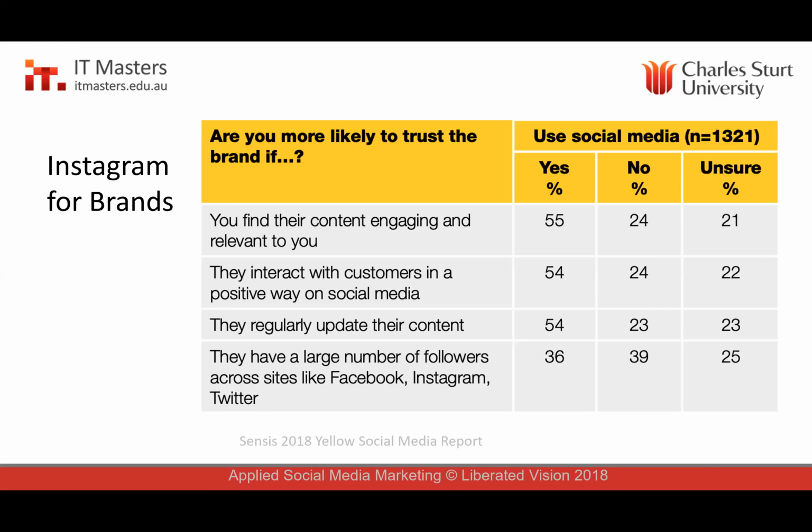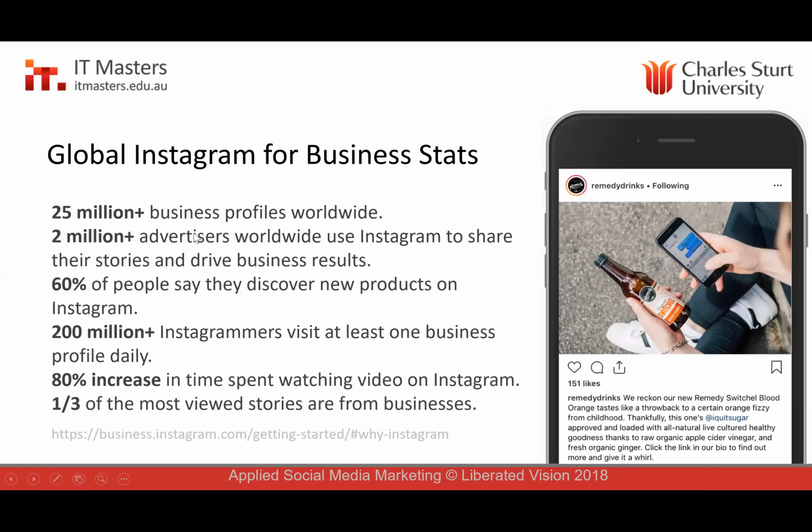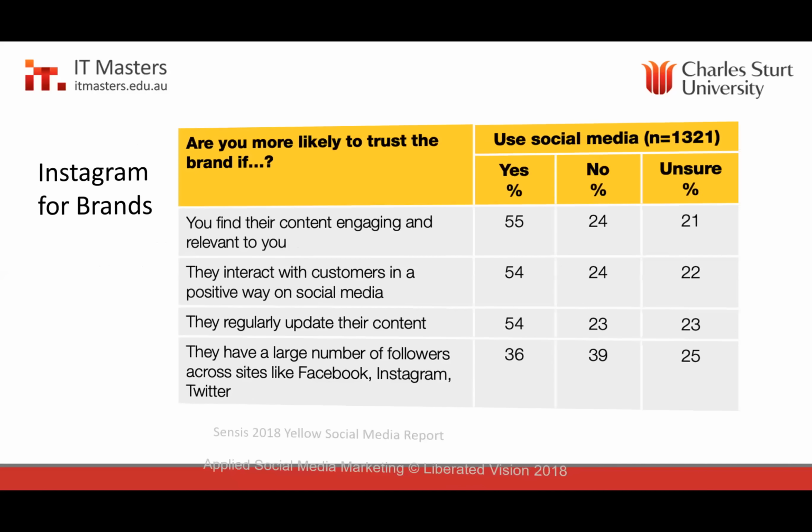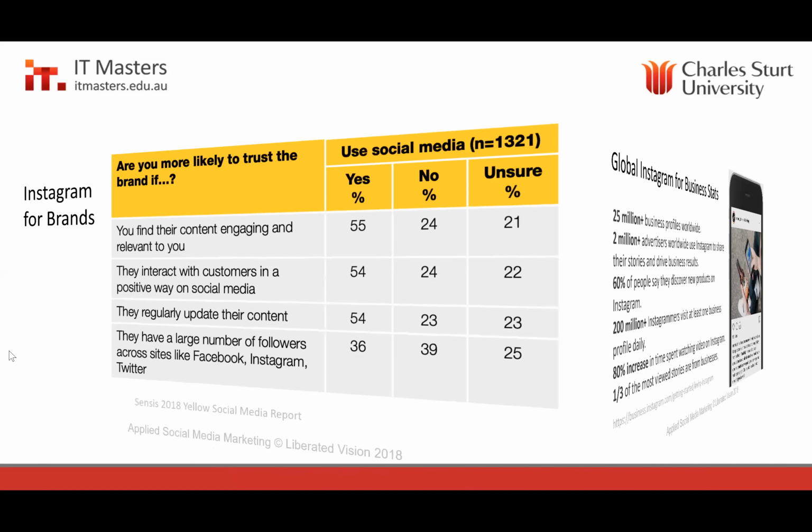And another stat I found was that 25 million businesses have Instagram profiles worldwide, but only 2 million of them. Next slide, please, Andrew. Sorry, I skipped ahead there without saying next slide. There we go. And only 2 million advertisers are using Instagram for Business to advertise their account.